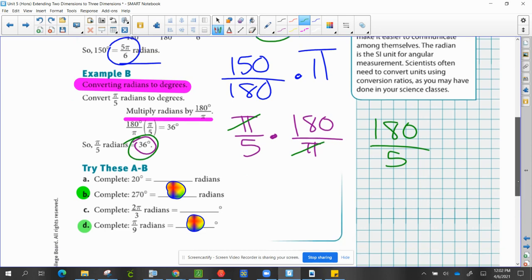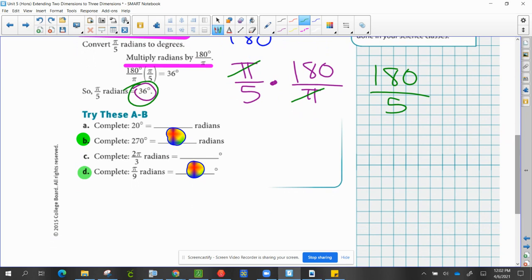Okay, I'm going to do a couple with you, and then you guys are going to try some. I'm going to do A and C. You guys are going to try B and D. In A, it says complete. So 20 degrees is how many radians? I would take 20 degrees, put it over 180, and multiply that by pi.